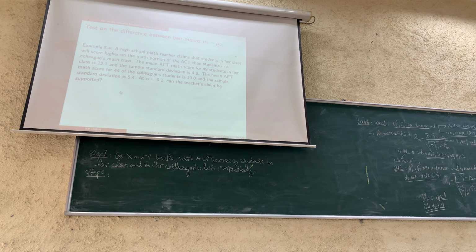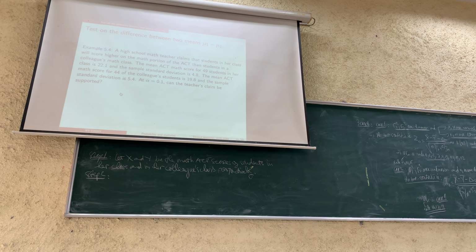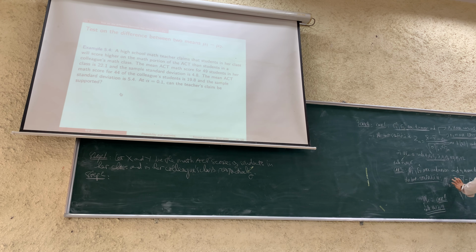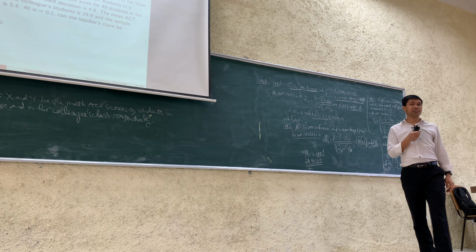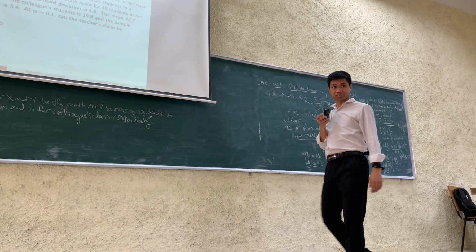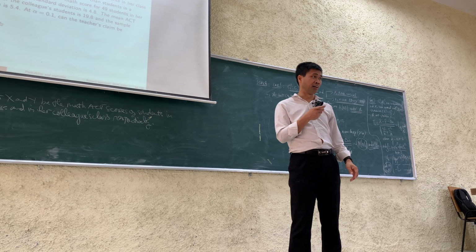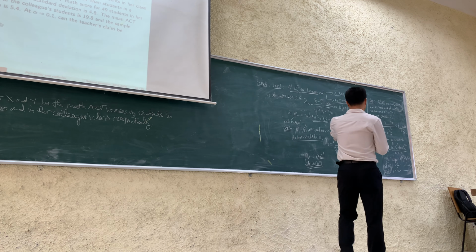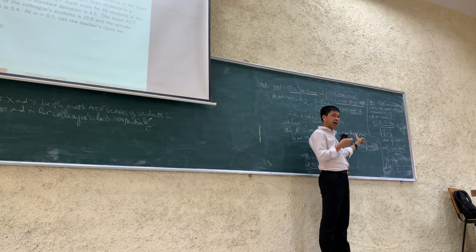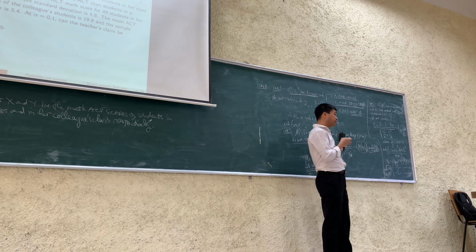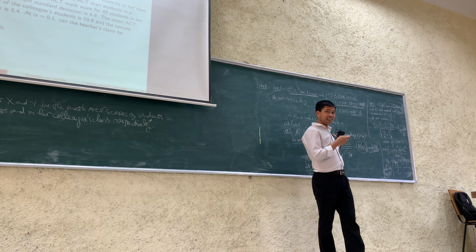So in this example, sigma 1 and sigma 2 are unknown, so we are in the second or the third case. The populations are normal? No, you are not given that the populations are normal, right? But the sample sizes n is 49 and m is 44, which are large enough. So you are in the second case, right?